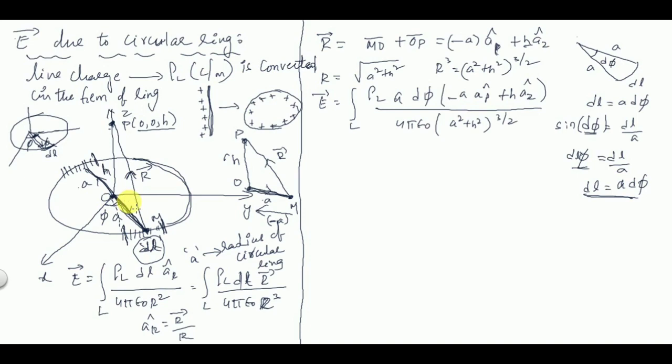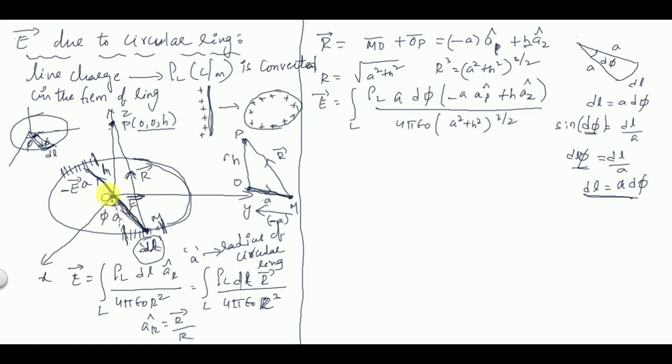Okay, so if you observe here, whatever the electric field intensity in the direction of rho, there will be the same electric field intensity here but of opposite direction.